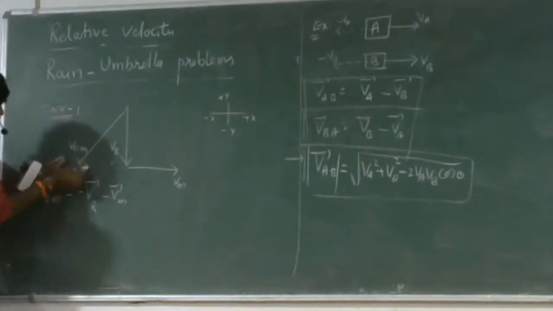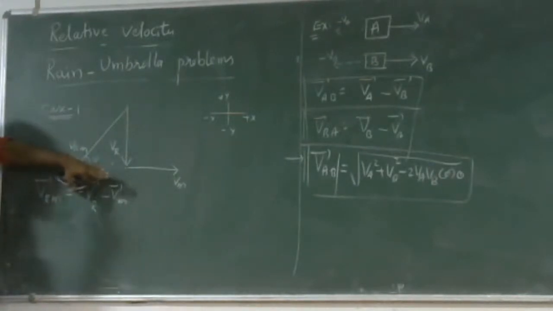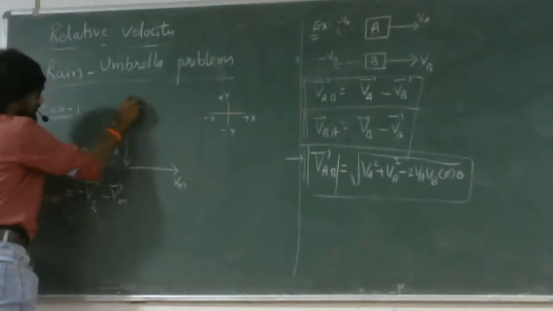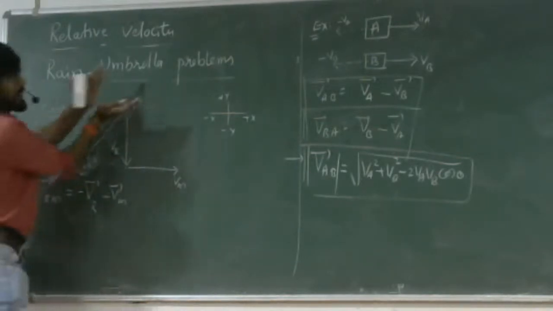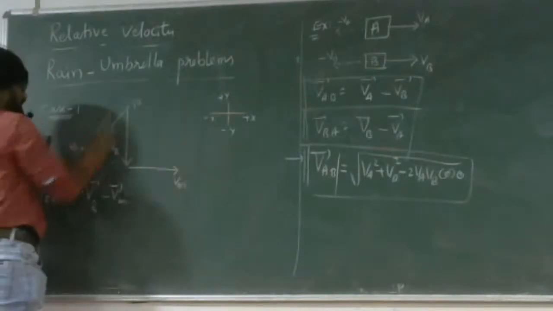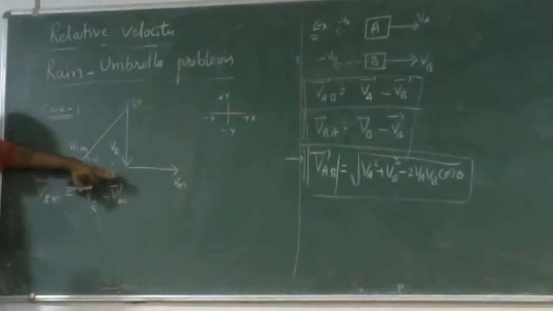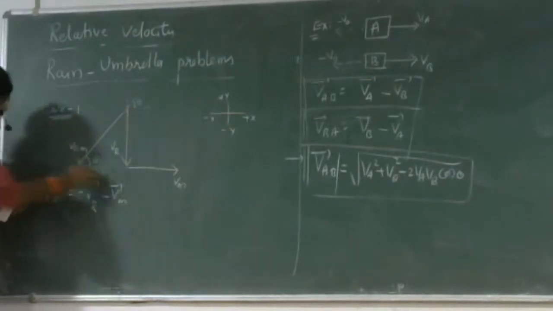So the angle made by this with respect to horizontal, if we take this as theta, but actually speaking, tail to tail you have to measure the angle. But with respect to this, if you want to know, here you can draw this horizontal, and if you extend this one here, what is this angle, say theta? Symmetrically, this angle is nothing but this angle. Then you have to project this horizontal component and the vertical component here. But simply, if you want to know the angle with which you have to hold the umbrella with respect to horizontal, you have to take this as a right angle triangle.